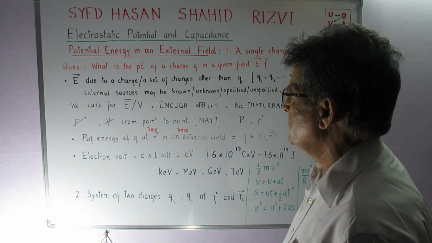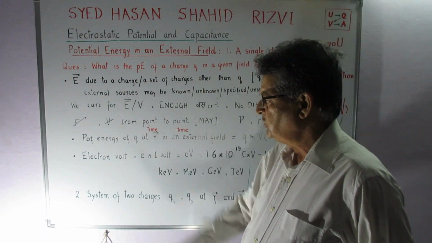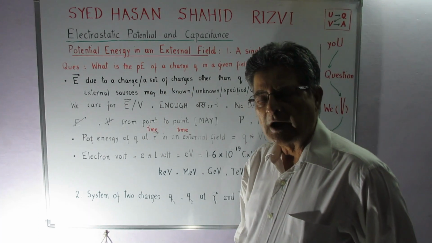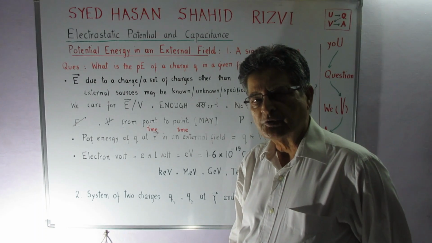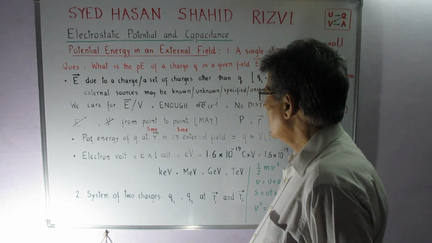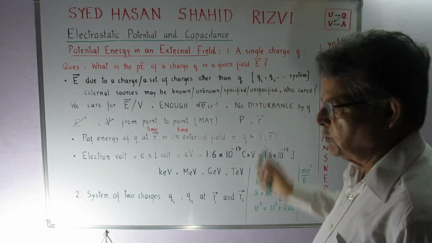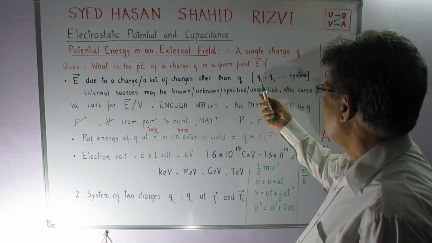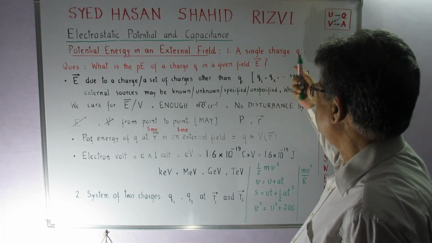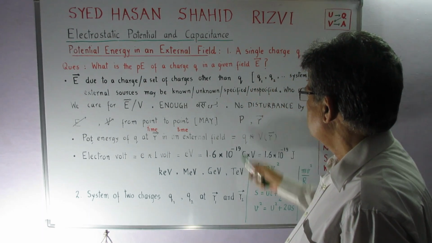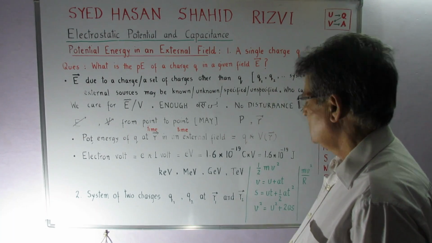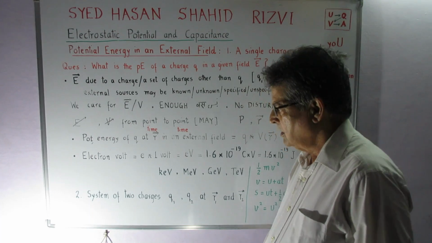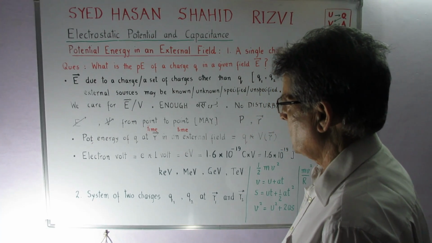This electric field is due to a set of charges, an ensemble of charges, a distribution of charges other than Q. For example, we can have a system of charges. In case we deal with several charges, then we will have Q1, Q2, Q3, etc., which comprise the system.